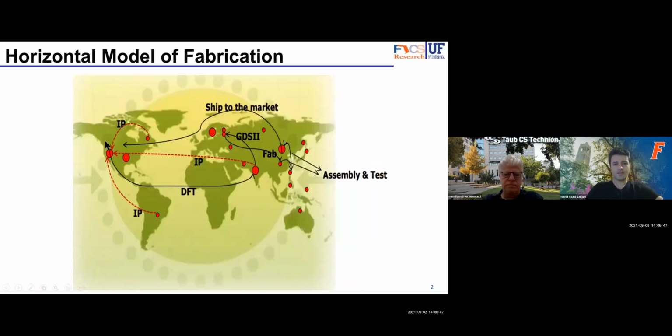All right, so I guess this audience really doesn't need me to go through this concept of why security is a problem. I'm just going to probably skip it, but we all know this complex distribution and globalization of the supply chain is causing this.